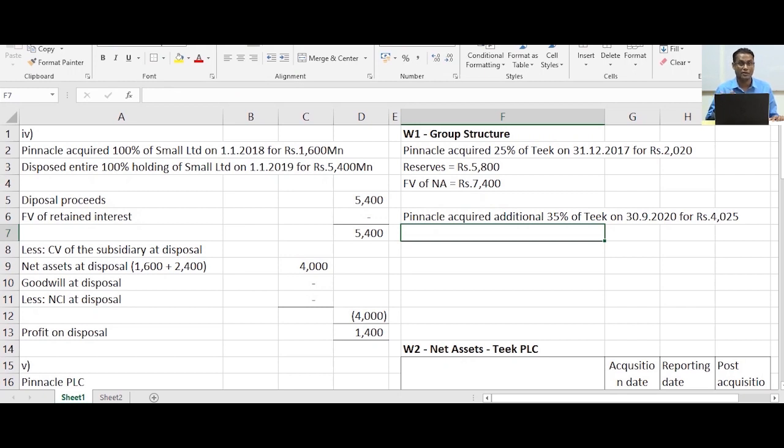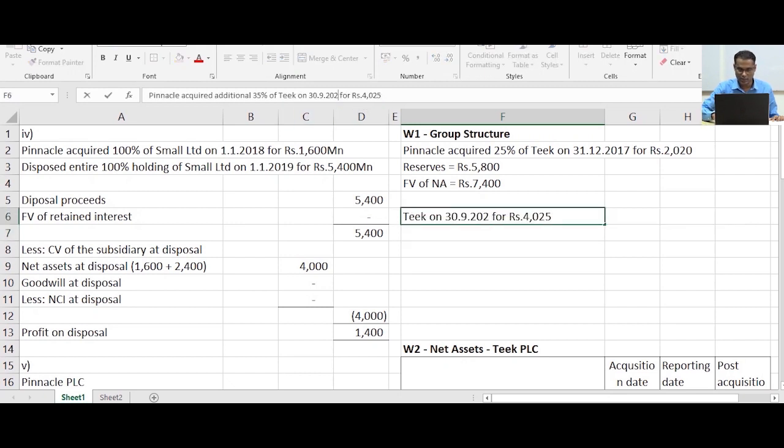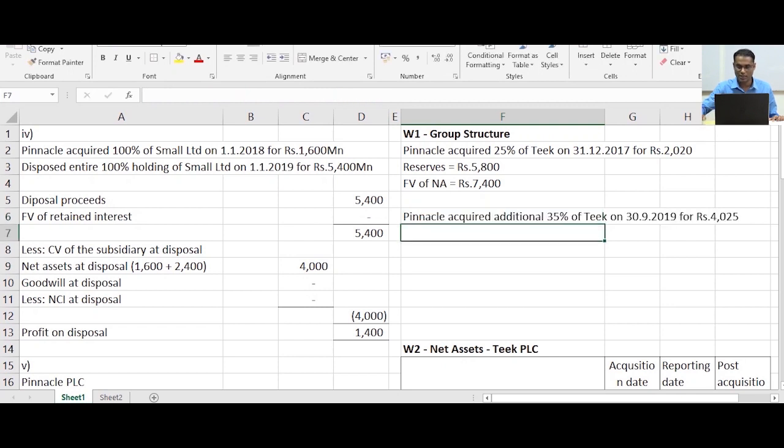So you need to apply step acquisition accounting, and you should start doing the consolidation from 30th September 2019. We discussed how to apply the rules for step acquisition, and we'll look at it with the numbers once we do the question.